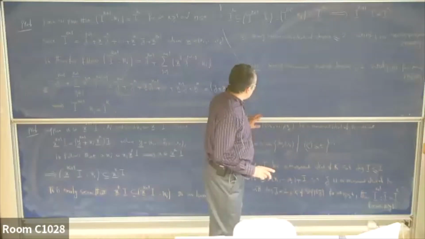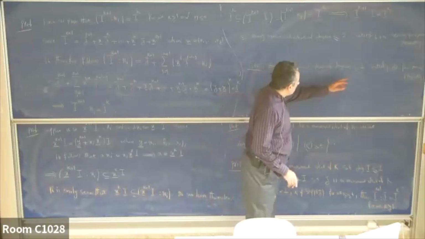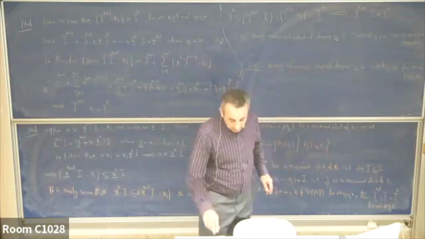Just one question. Along the proof of the last result, where have you used that the degree of your monomial ideal is less than or equal to 2? At which point exactly? For degree 3 it is not true. Yes, but I mean along the proof.